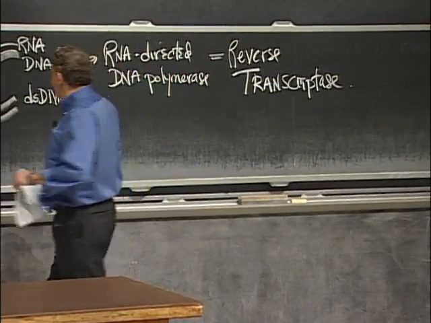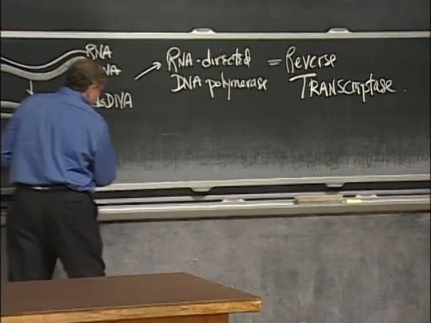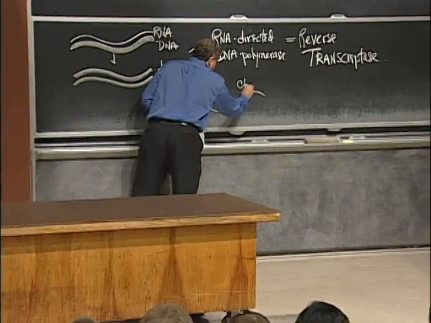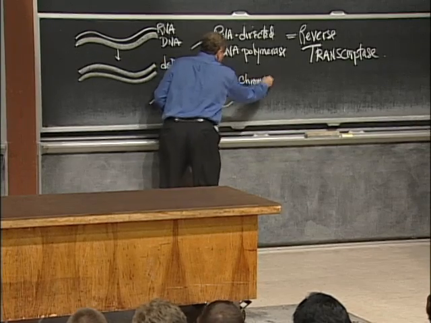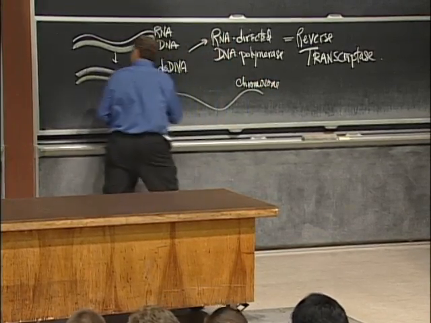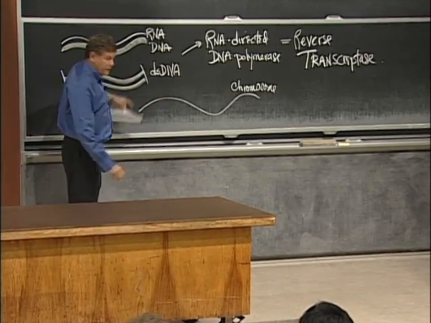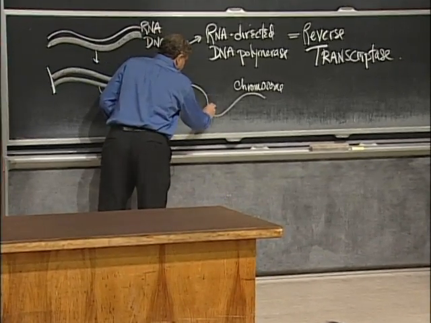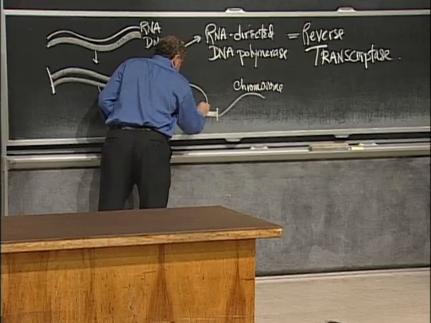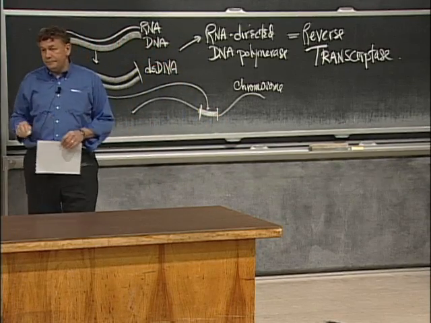And then what happens is quite insidious. If this is your own chromosomal DNA, that piece of double-stranded RNA from the virus, so double-stranded DNA from the virus, can be inserted into your own human chromosome.